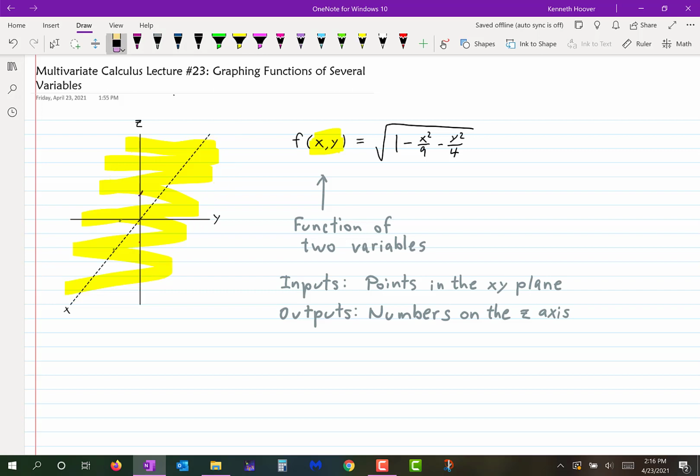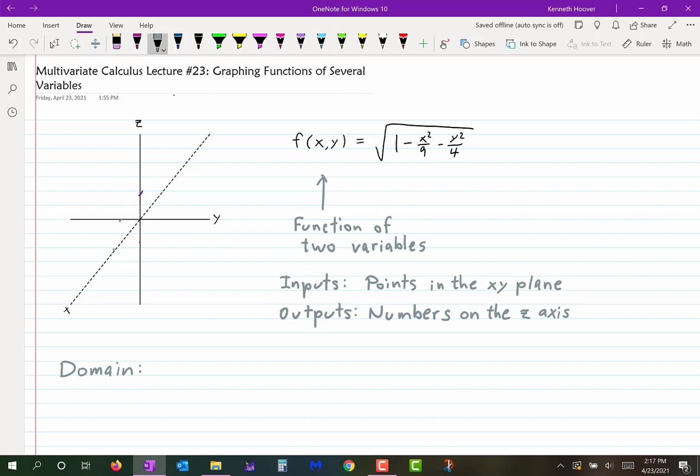Let's find the domain for this particular function. So look at our function. f of x, y equals the square root of 1 minus x squared over 9 minus y squared over 4. What is the restriction on square roots? The number inside can't be negative, right? The number inside has to be equal to or greater than 0.